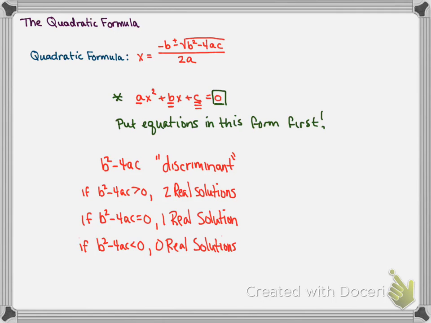That doesn't mean it won't have any solutions, it just will have 0 or no real solutions. We will shortly learn in the next chapter that we will have two complex solutions, and we will be learning about complex numbers soon.